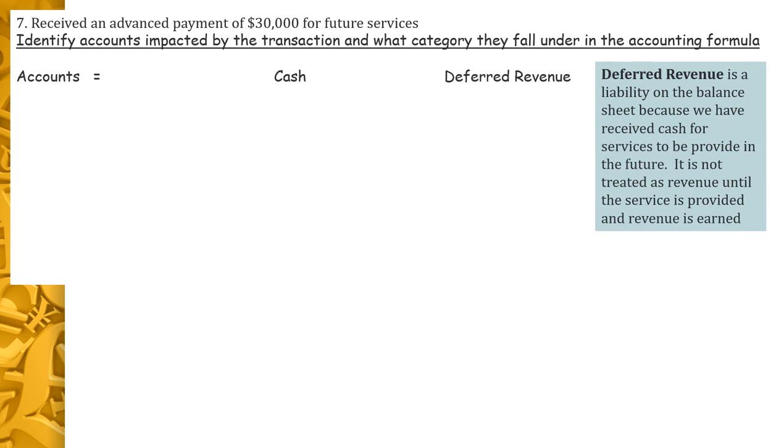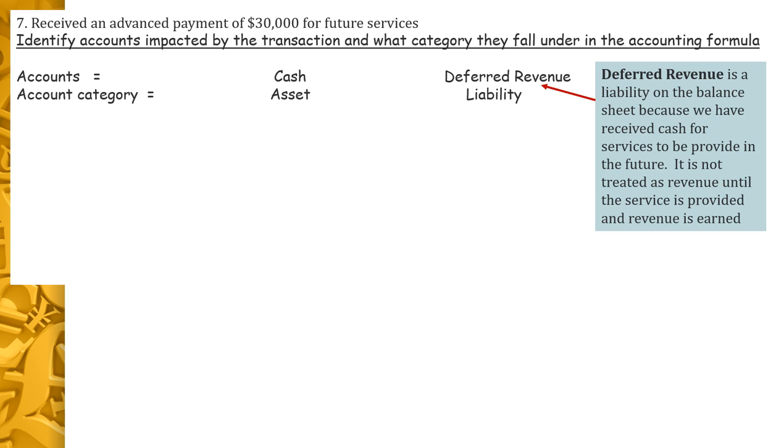That's called deferred revenue. Deferred revenue is always a liability and it only appears on the balance sheet, not on the income statement. Please don't put it there. Because we have received cash for services to be provided in the future. It is not treated as revenue until the service is provided and the revenue has been earned.